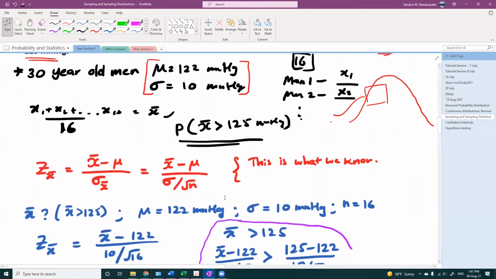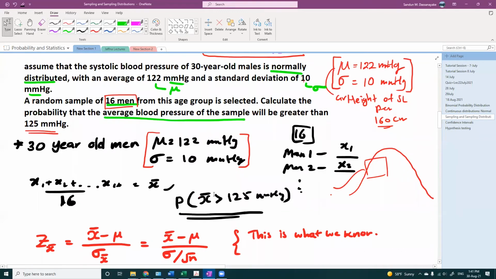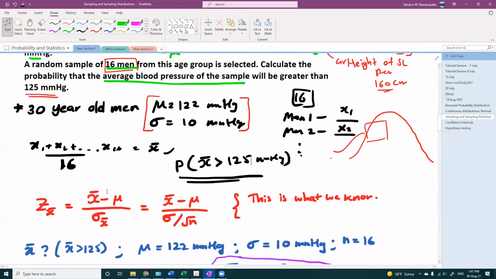Since in the question itself we know that these are normally distributed, X bar is also normally distributed. This comes from the central limit theorem.